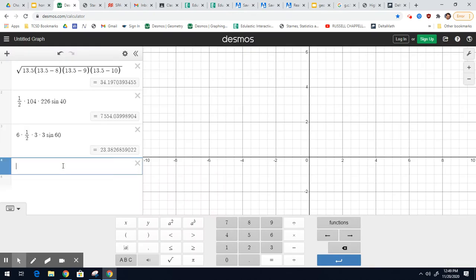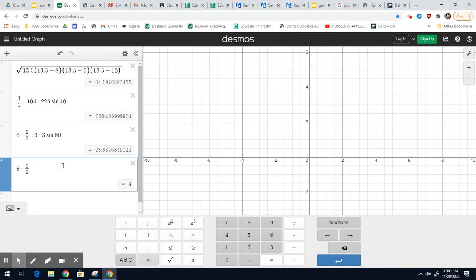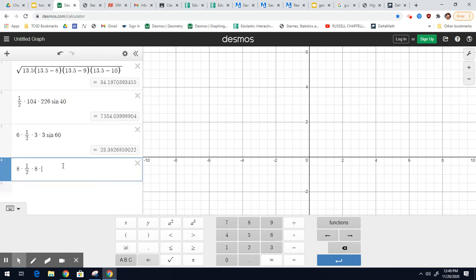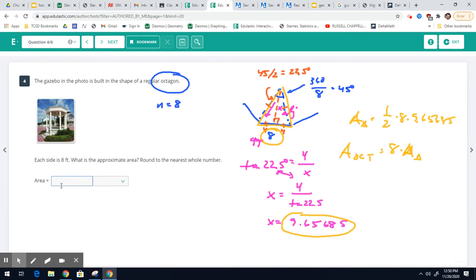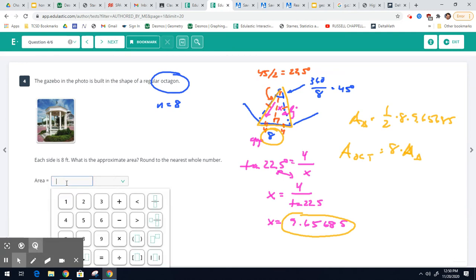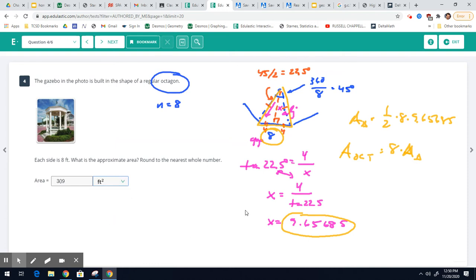So we're doing 8 times 1/2 times my base was 8 times my height is 9.65685. And I got 309.0. The 0 leaves the 9 the same. So this answer is 309. And again, it's feet, so we're doing feet squared.